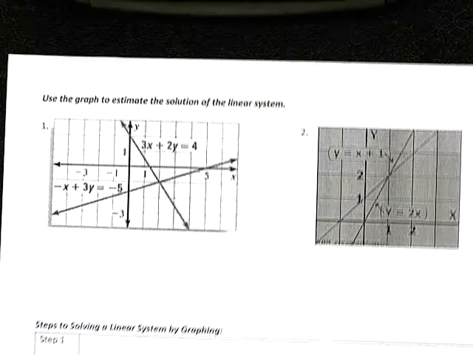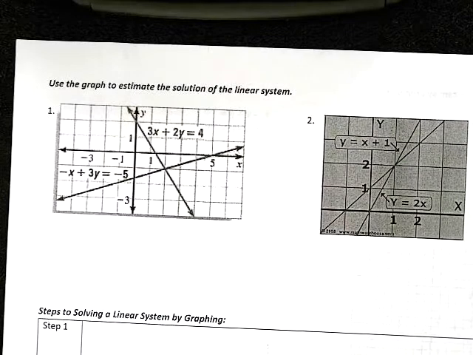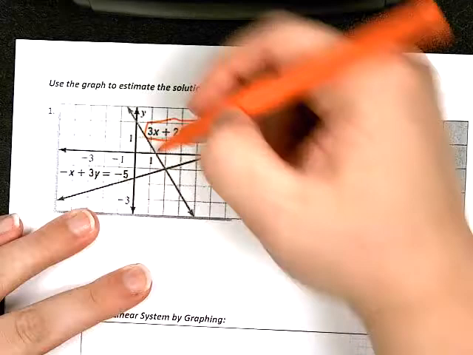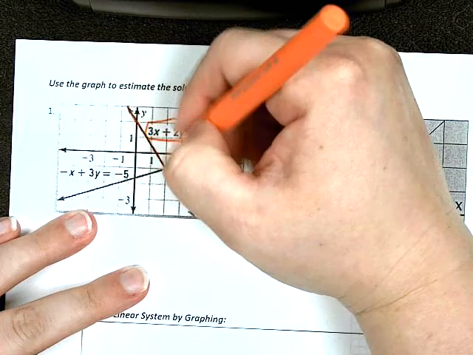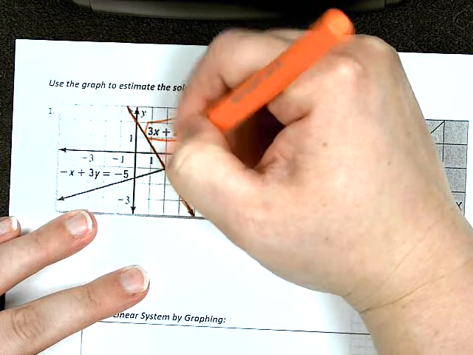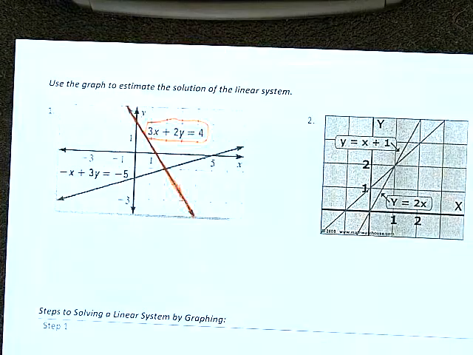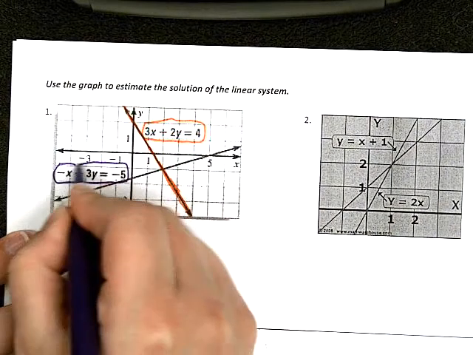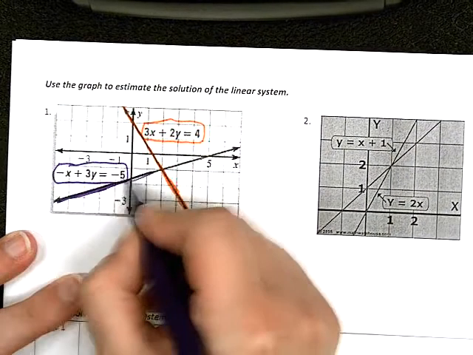For these ones, we're given the lines already, right? We are given that this is the equation for this line right here, and this equation is this line right here. So I don't have to graph them myself.